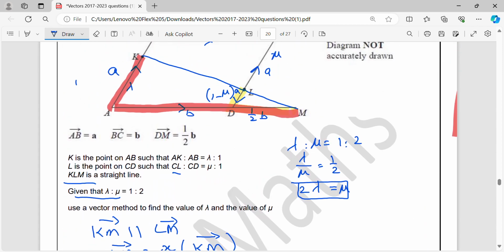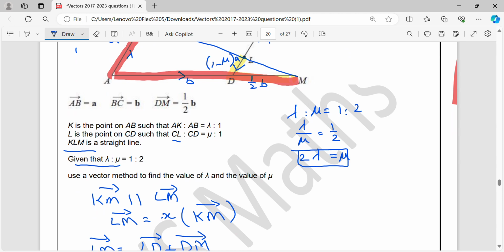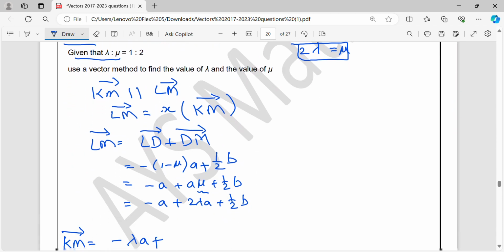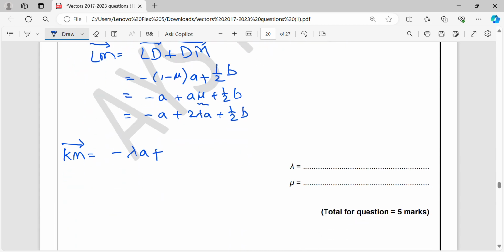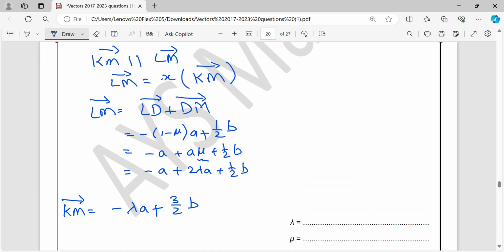Next is AM, the total position vector is b plus 1/2 b, which is 3/2 b. Now I need to multiply this by x, so I multiply the whole thing by x. So this would be minus lambda ax plus 3/2 bx.